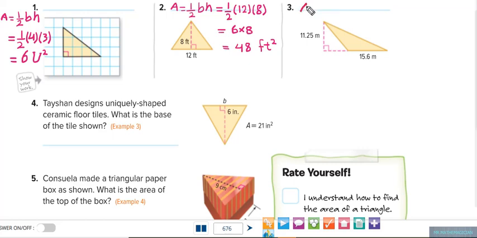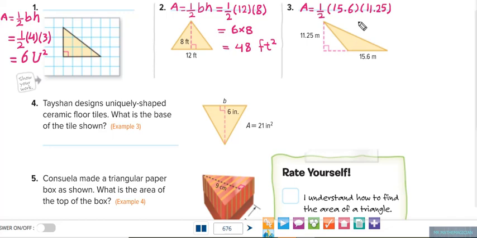Now the same will happen here. The area will be half multiplied by the base, which is 15.6, multiplied by the height, which is 11.25.